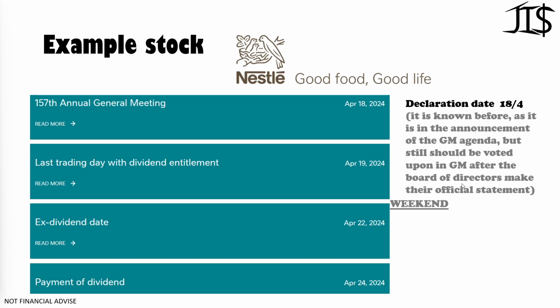But it's only when the board of directors make their official statement that you can say that it's the declaration date. Then you have the weekend, then you have the ex-dividend date on the 22nd, and the record date is then the 23rd, and that's why there are 2 days between the ex-dividend date and the payment of the dividend, because you still need the record date, and then you have the payment date.